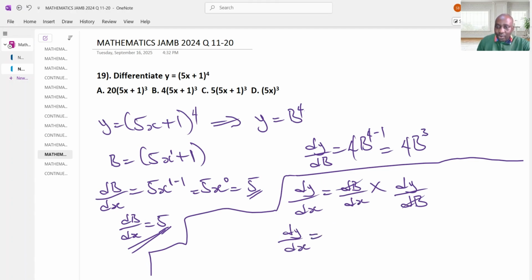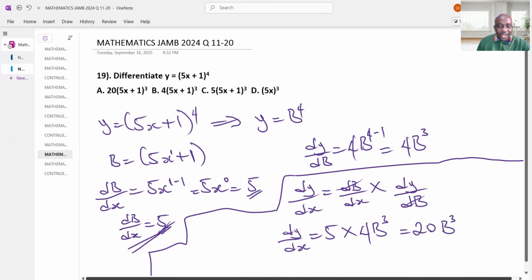What is our db/dx? It is 5 that we got here. What is our dy/db? We got 4b raised to power 3. 5 multiplied by 4 gives us 20b raised to power 3. This is the final answer we got.